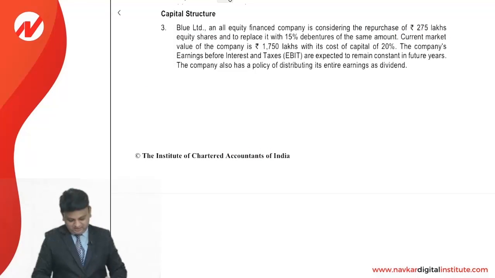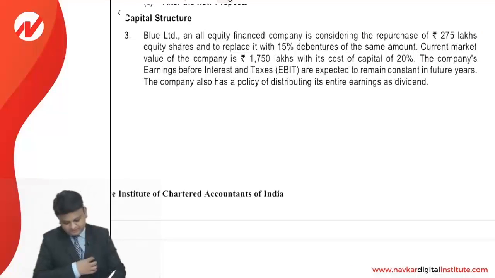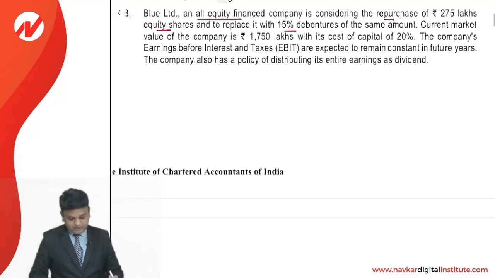Question number 3. The third question is: Blue Limited, an all equity finance company, is considering the repurchase of rupees 275 lakhs equity shares and to replace them with 15% debentures of the same amount. The current market value of the company is rupees 1750 lakhs with its cost of capital of 20%.